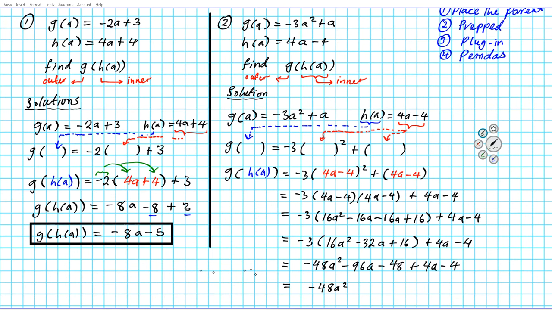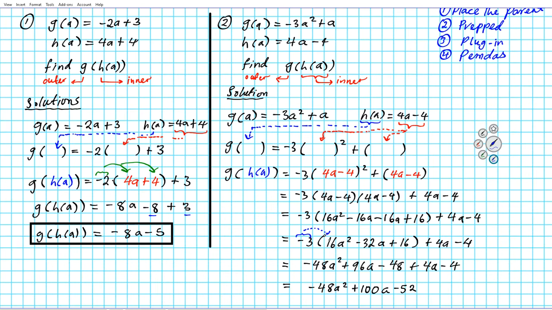Just a quick correction here. So minus 3 times negative 32 is plus. So this is plus 96. Okay, good. All right, so when we combine 96a plus 4a, you get 100a, right? And then when you combine negative 48 and negative 4, you get negative 52. So just remember when you're distributing here, you take in both signs to distribute to every term.